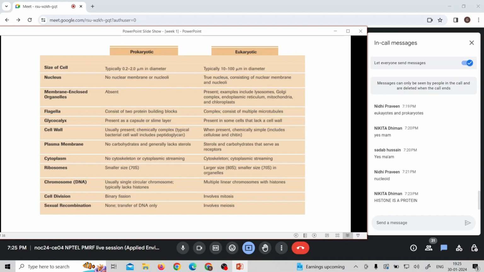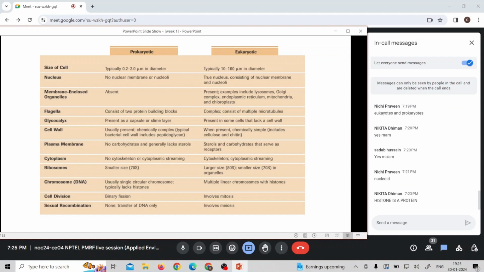Now I'll just tell you in brief that mitochondria has many proteins in its membrane, and these are present in the plasma membrane of the prokaryotes, where the electron transfer will happen. So there is no need of a specialized mitochondria in a prokaryote to carry out this energy generation function.